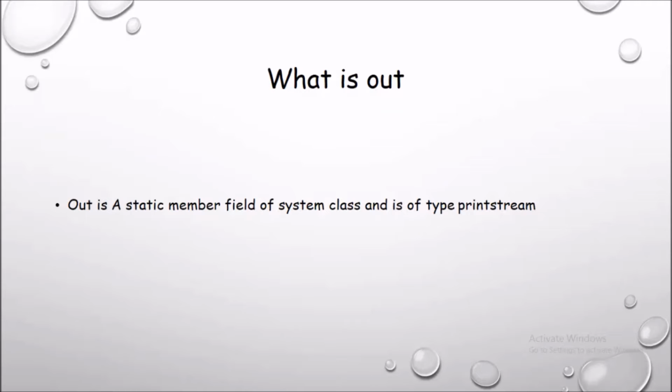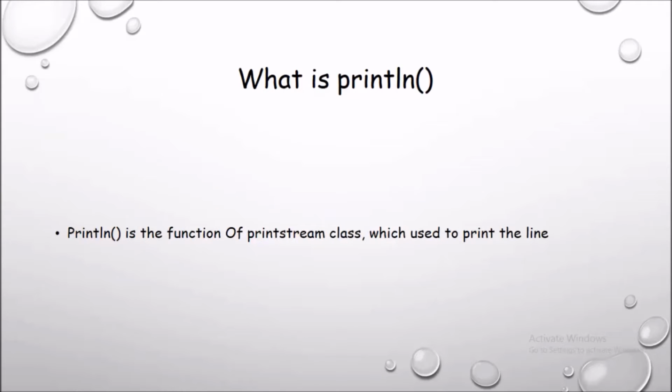Out is a reference variable inside the System class of type PrintStream. PrintStream is another class, and for that class, out is a reference variable used inside the System class. println is a function defined inside the PrintStream class, and it can be accessed with the reference variable out.